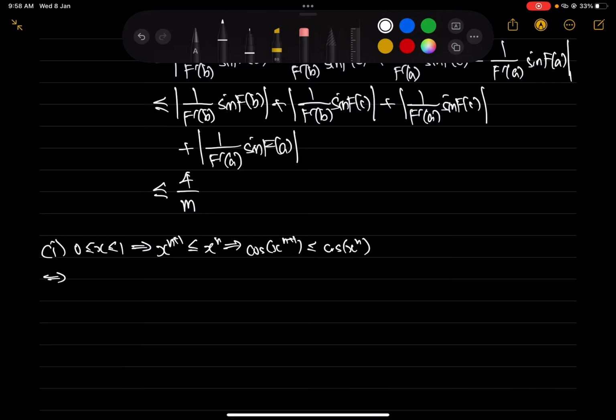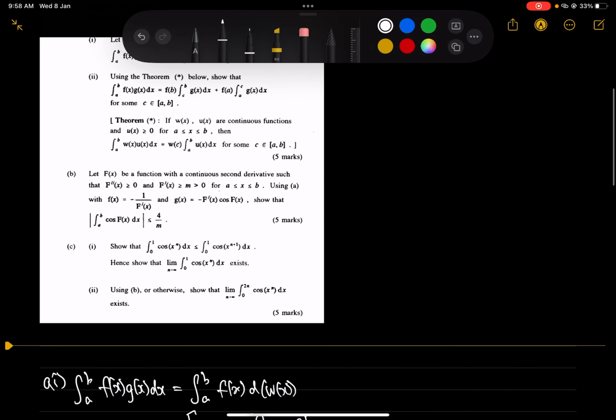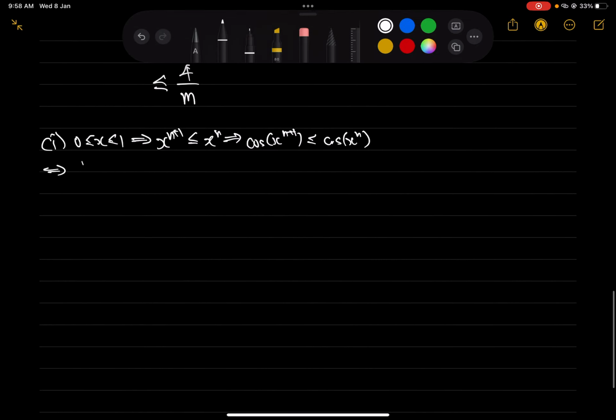And then this just implies the fact in part C1 because cosine is decreasing from 0 to 1, which means we could have that there, which means this is true.